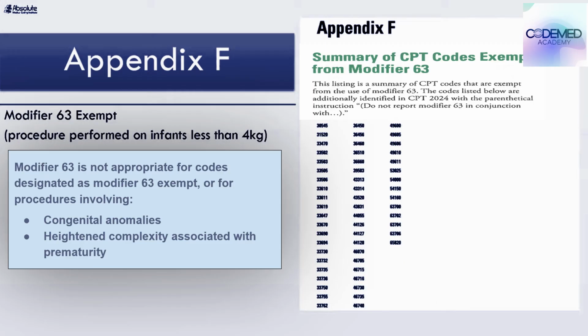Now Appendix F is the summary of CPT codes exempt from modifier 63. For modifier 63 exempt codes, sometimes there is a parenthetical note which clearly mentions not to use the modifier 63 on this code, or that modifier 63 is not appropriate for the code designated as modifier 63 exempt, or for procedures involving congenital anomalies or heightened complexity associated with prematurity.